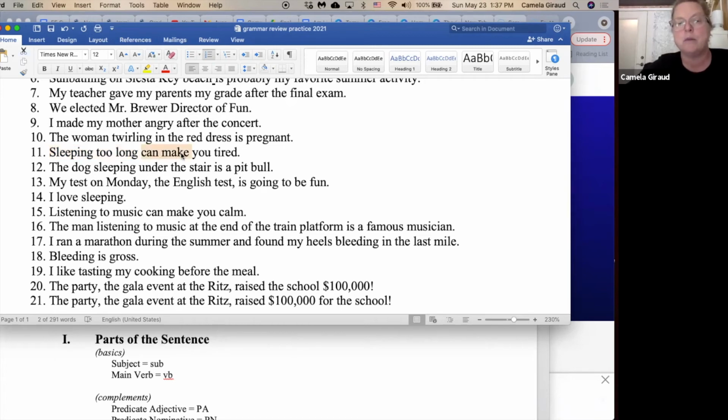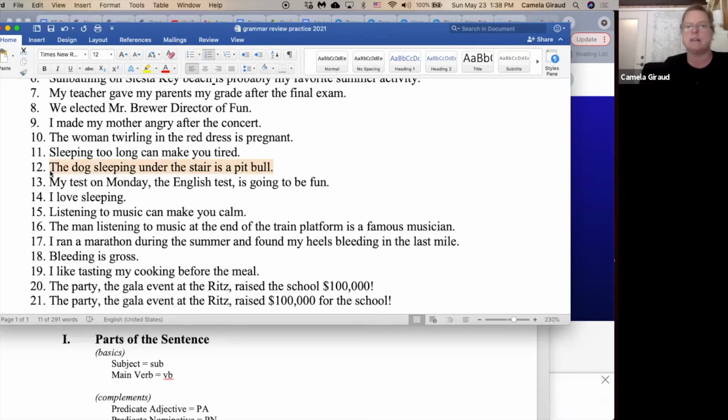Can make. Remember that sometimes verbs need more than one word, right? This is a conditional impact here on the verb. It can make you tired, doesn't always. So that's the main verb. Can make who or what? Can make you, so that's the direct object. And notice how this word tired modifies you. So that's an object complement. Okay, so remember, grammar is the study of relationships.